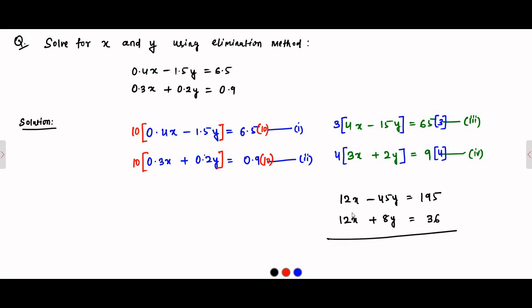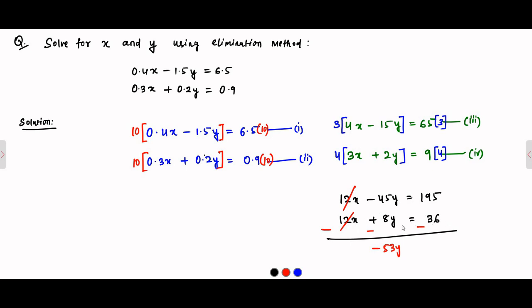See, the coefficient of x is matched. Now we have to subtract them. So subtracting them, we have minus, minus, minus. 12x and 12x get cancelled. Minus 45y minus 8y is minus 53y. We have subtracted these two equations: 12x minus 45y is equal to 195, minus 12x plus 8y is equal to 36.